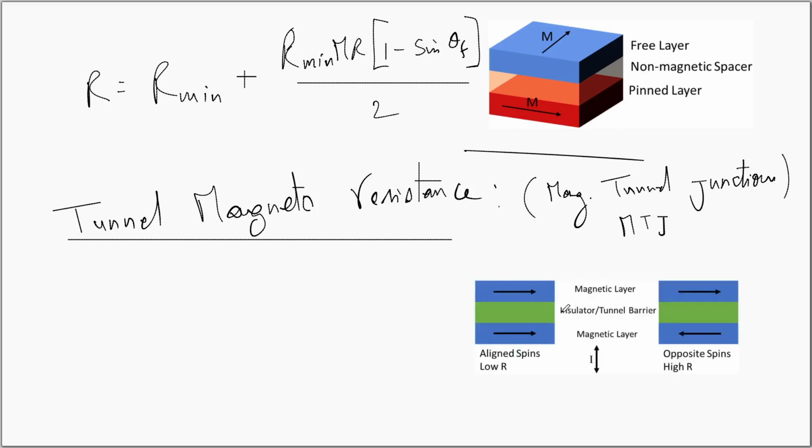This is a typical magnetic tunnel junction. We have a magnetic layer, an insulating layer just below that, and below that another magnetic layer. When the two magnetic layers are aligned in the same direction, we have low resistance for the tunnel junction, whereas in the case of anti-parallel or opposite alignment, one can see higher resistance.